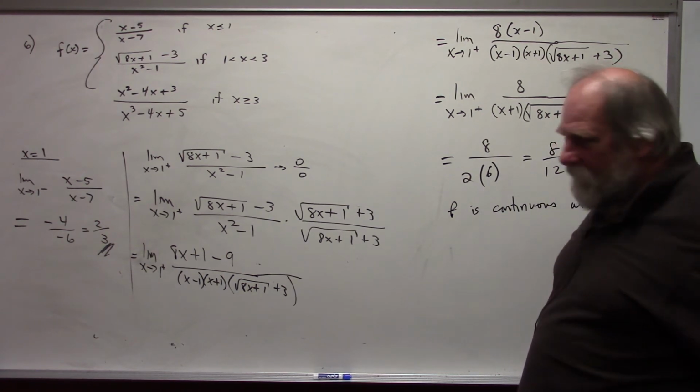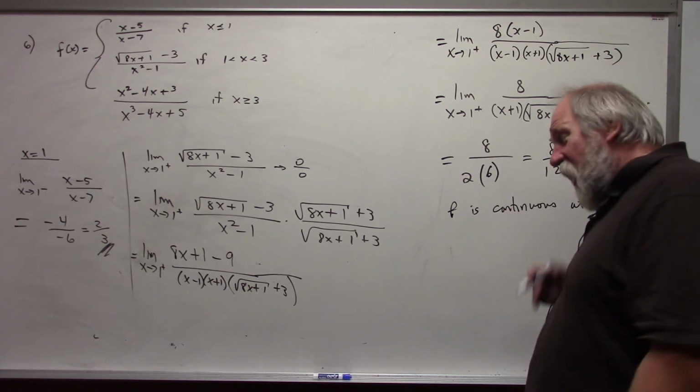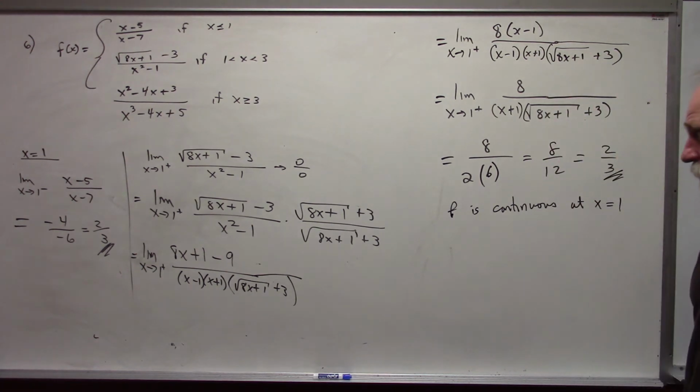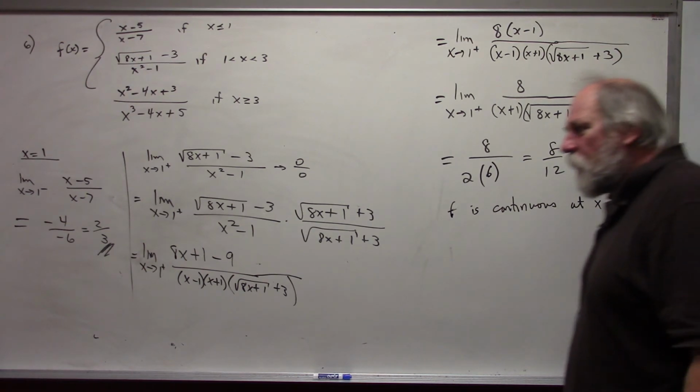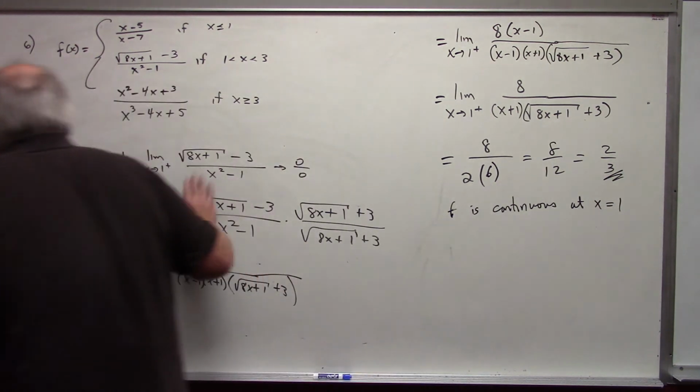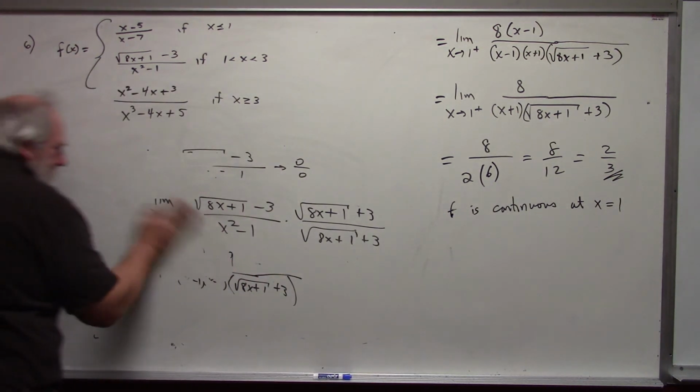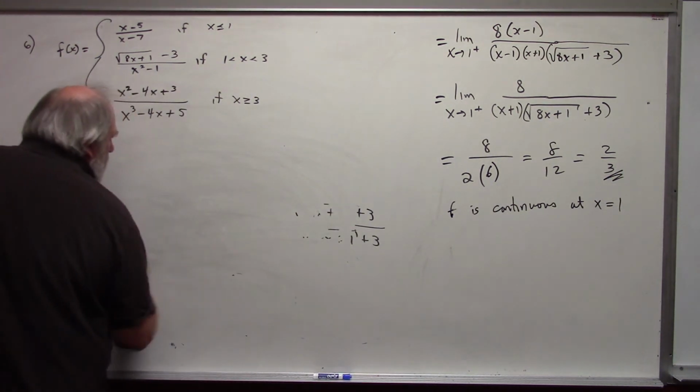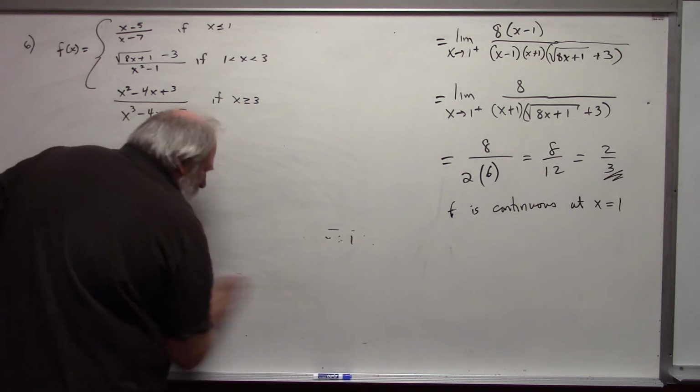So we do not have a discontinuity. The two pieces match up. They line up. We still have to deal with x equals 3. So I am out of room. I'm going to have to erase all this, but just remember, this is continuous at x equal 1.